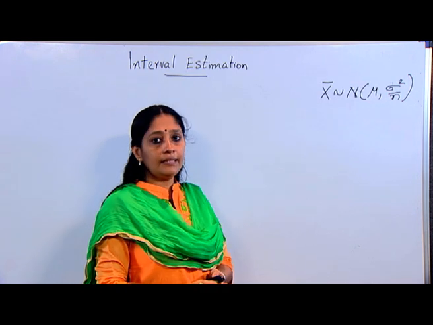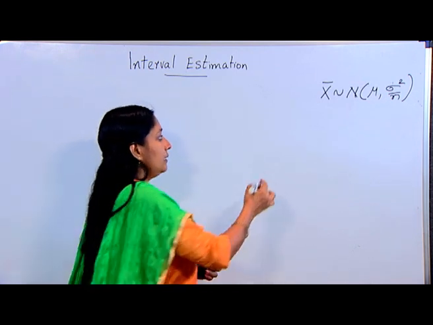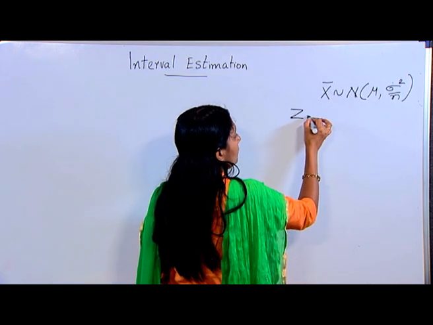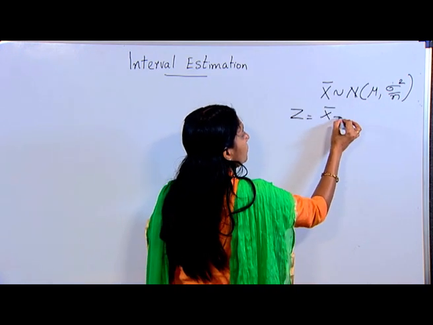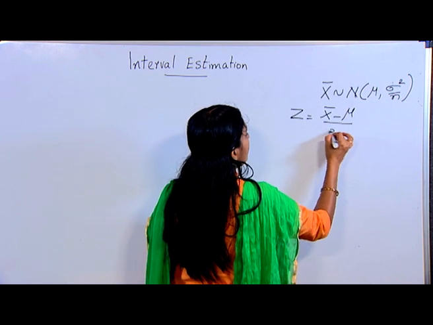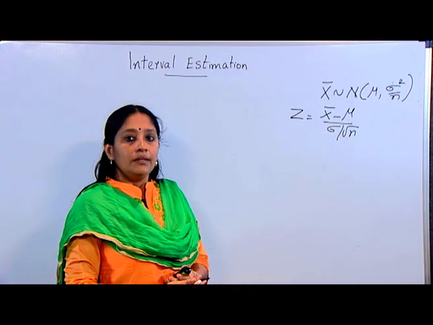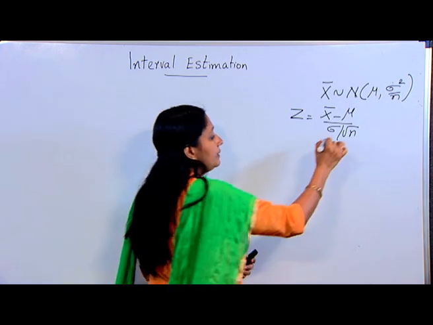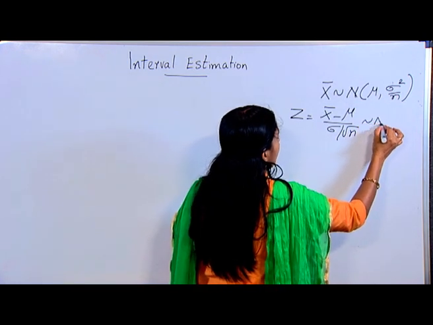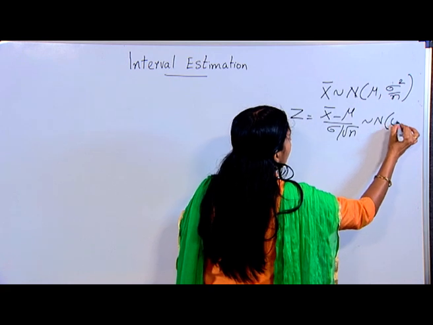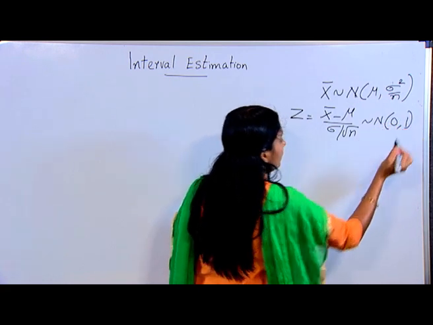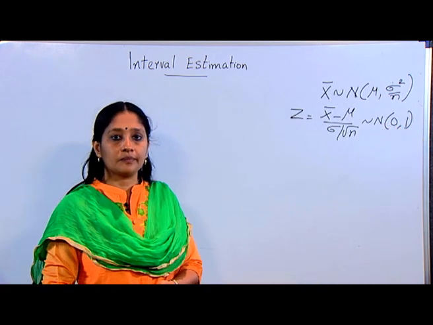Now, let us consider a transformation z is equal to x bar minus mu divided by sigma by root n, which follows standard normal distribution, that is normal distribution with mean 0 and variance 1.